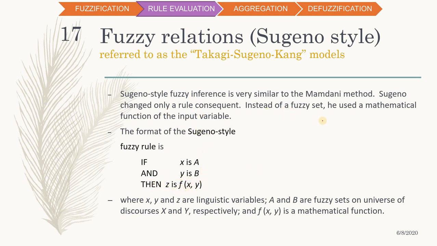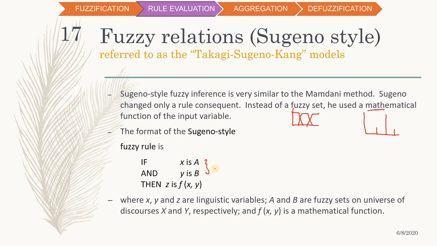Instead of a fuzzy set, like the fuzzy graph here, Takagi-Sugeno-Kang will use a mathematical function of the input variable, so based on the input variable we are going to have a singleton spike here.